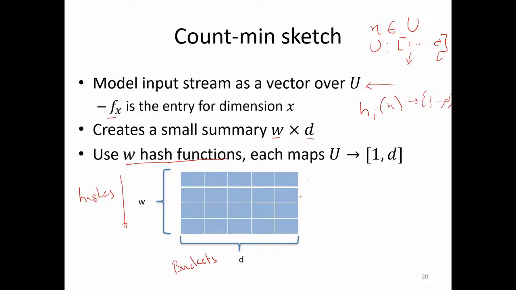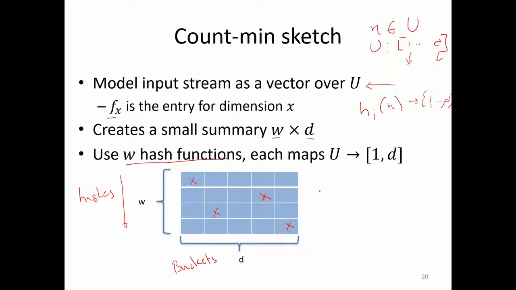You can do this for all w hash functions, so you get one cell in each row for each element x.